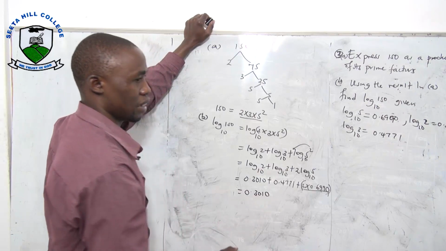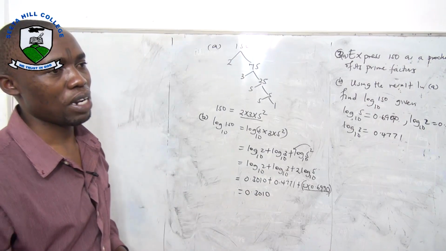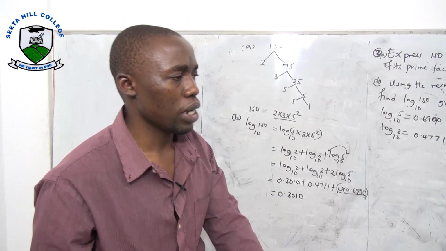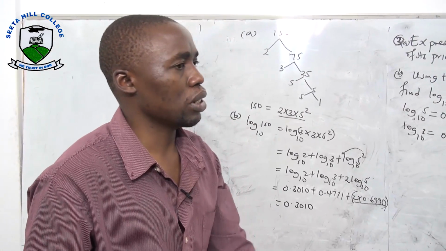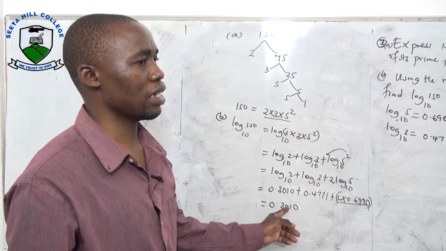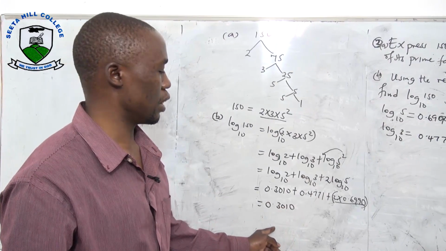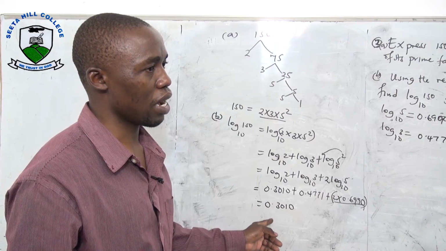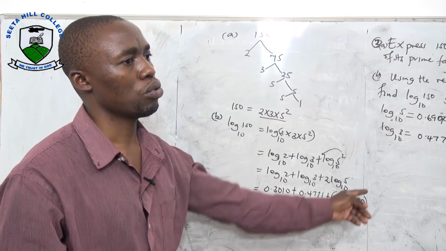But let me say this again, class. When values are positive, no need to do the stepwise addition that we have. Here you just add by column.